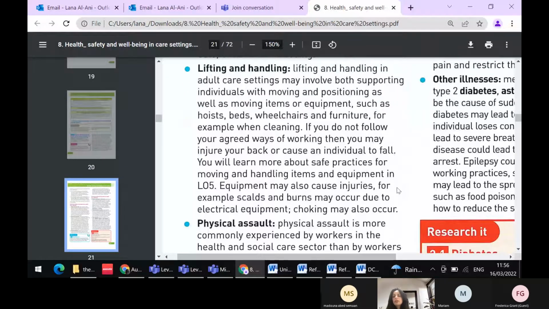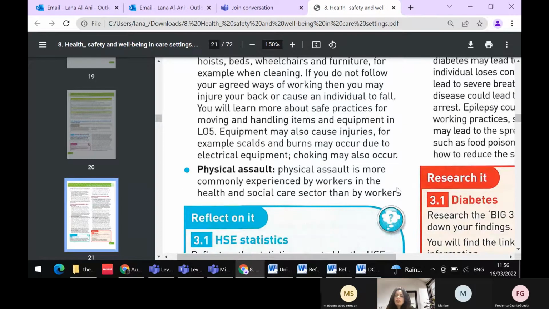For example, people can get an electric shock. Maybe they can be choking. Maybe they can get burned. Also, physical assault, which is more commonly experienced by workers in healthcare.